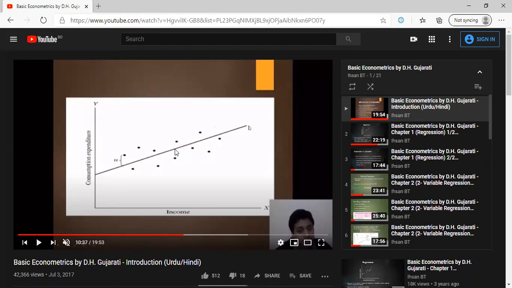Now, in real life, when you ask people, what is your income? 20. How much do you spend? It's not 50, let's say 15. So if x is 20, from the exact part, you get 15. Ideally, if the income is 20, that person should spend $15. However, if you ask him, he says, I spent $12. How do you get that 12?